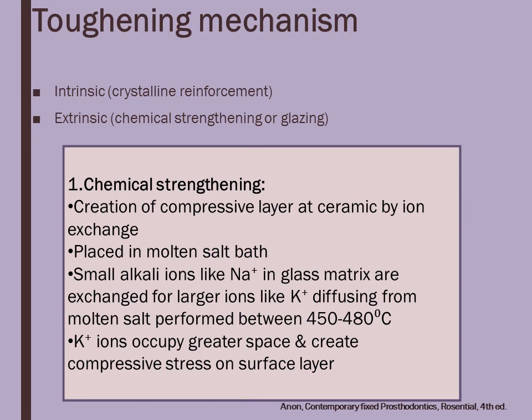And what happens is that the small alkali ions like sodium within the glass matrix of the ceramic are exchanged for the larger ions like potassium present in the salt bath, and this is performed between 450 to 480 degrees Celsius. What happens is that when the potassium ions move into the place of the sodium ion, they occupy greater space within the crystal, and this creates a compressive stress on the surface layer. And as we mentioned earlier, the residual compressive stress that is formed leads to its strengthening.